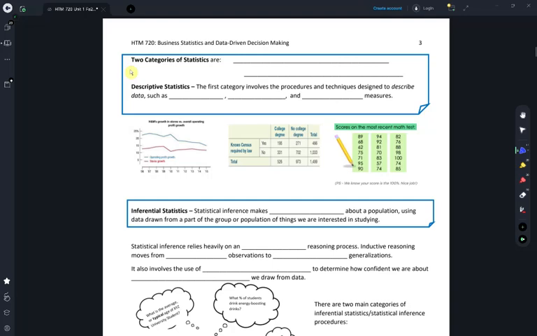In this video, we begin by exploring the two main branches of statistics, namely one, descriptive statistics, and then two, we have inferential statistics.